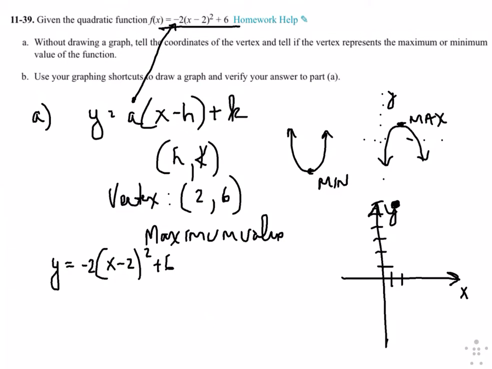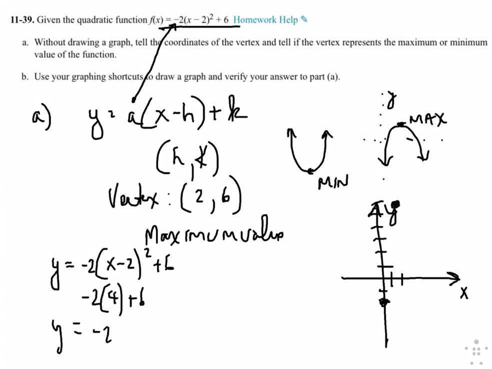So this would be 0 minus 2 is negative 2, squared is 4, so it'd be negative 2 times 4 plus 6. So y would equal negative 8 plus 6, negative 2. So 0 for x produces a y of negative 2.